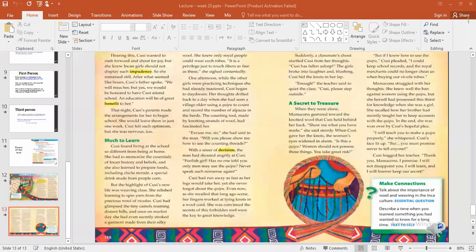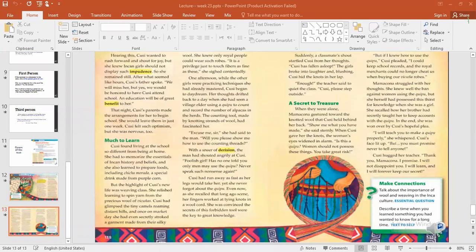Show me what you have made, she said sternly. When Kusi gave her the knots, the woman's eyes widened in alarm. Is this a quipu? Women should not possess these things. You take great risk.